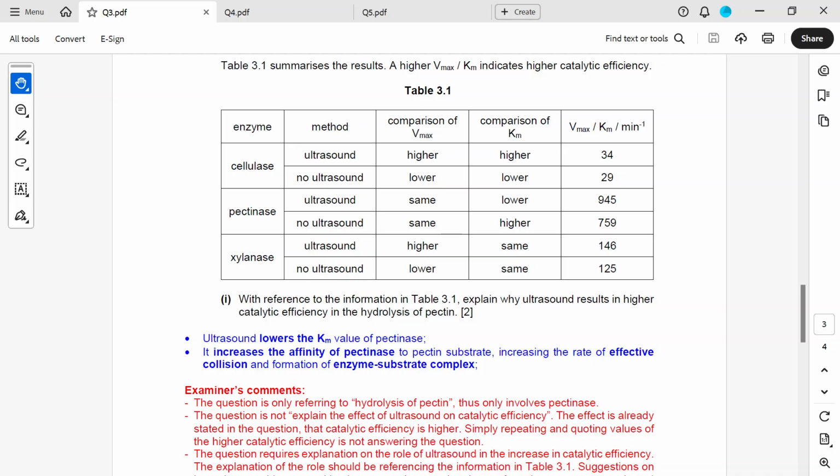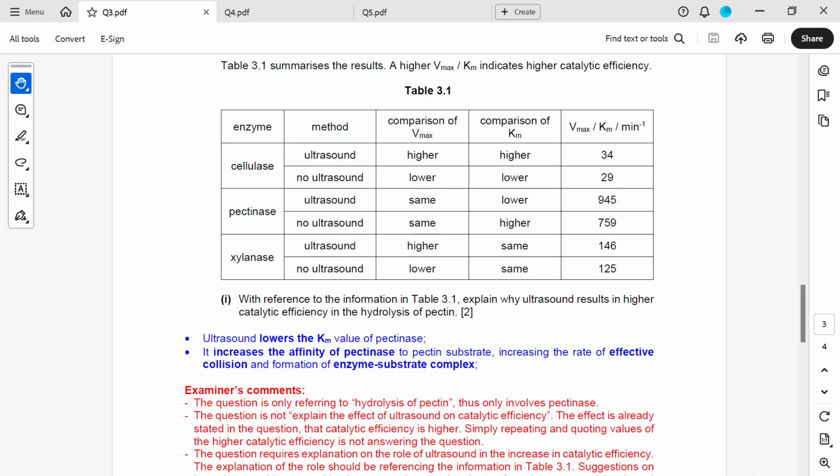You see that the Km is lower with ultrasound, right? So same Vmax, nothing much to say, right? But lower Km. This is where you can use the lower Km to explain why catalytic efficiency is higher. So lower Km means higher affinity, as you have learned under your enzyme topic, right?